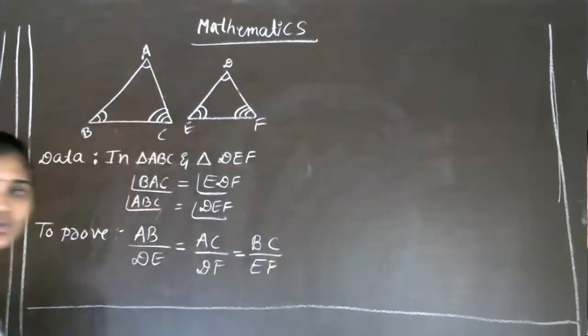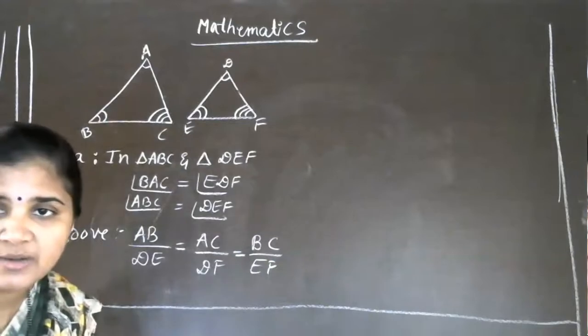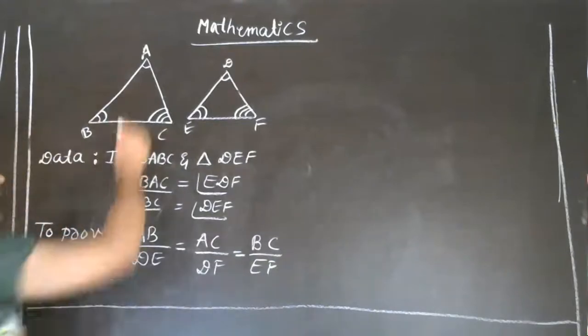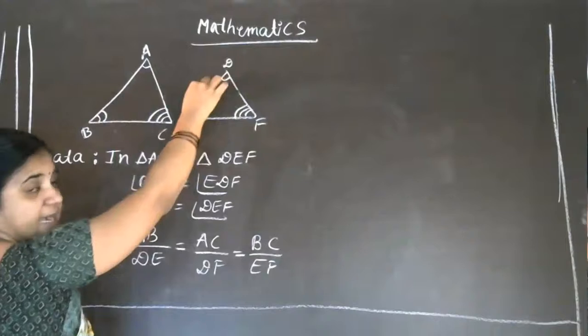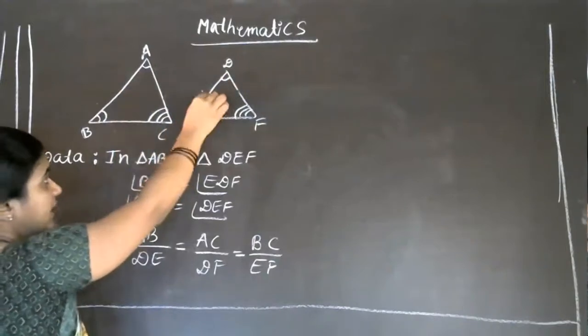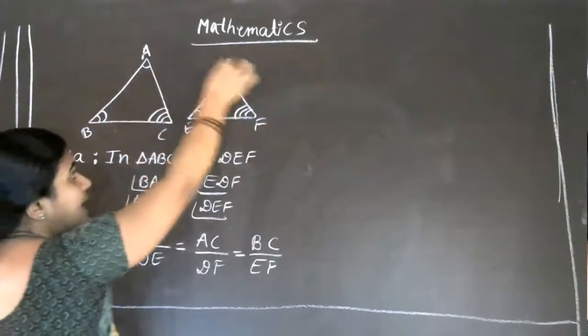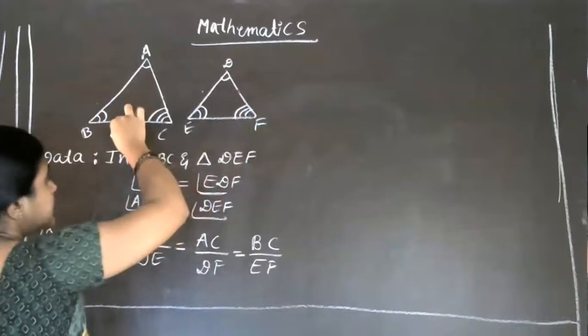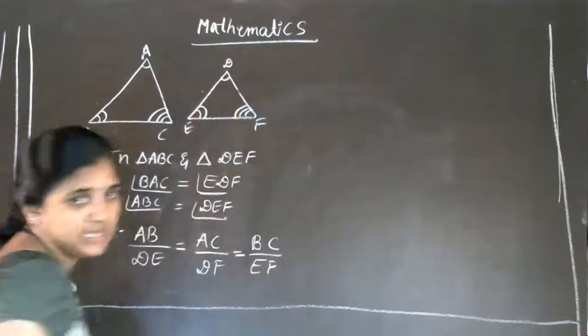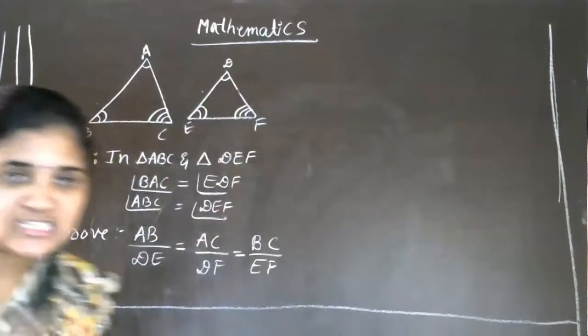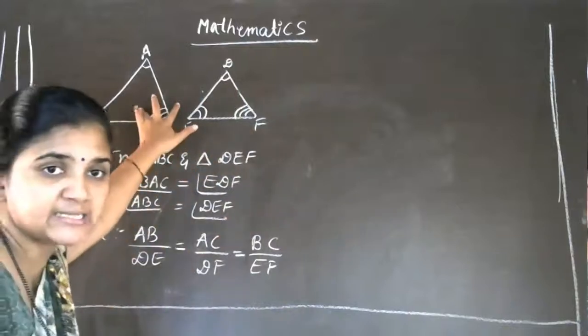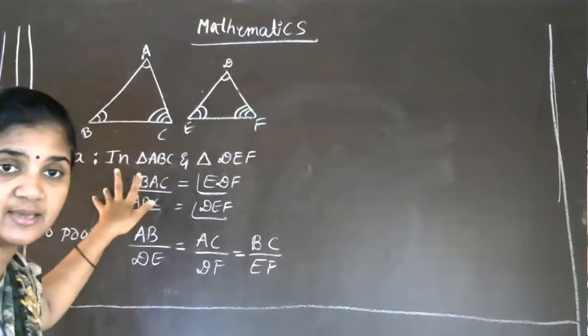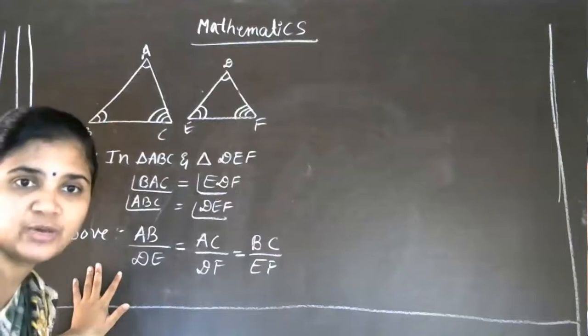Is that clear, students? Shaman is waiting. See, AB's corresponding side is DE. We are discussing step by step. The diagram part is clear, the data is clear, and then to prove is this.